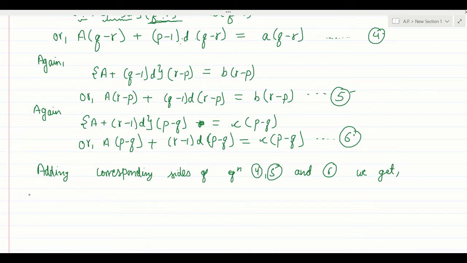So the left hand side of equation 4 is A in bracket Q minus R plus P minus 1 D, Q minus R. Isn't this?